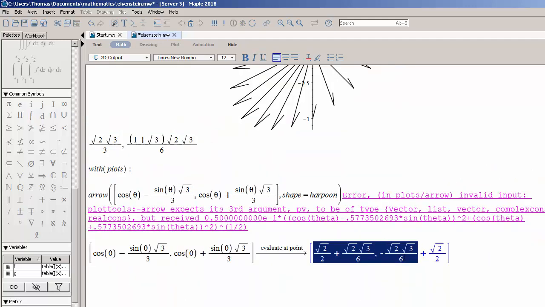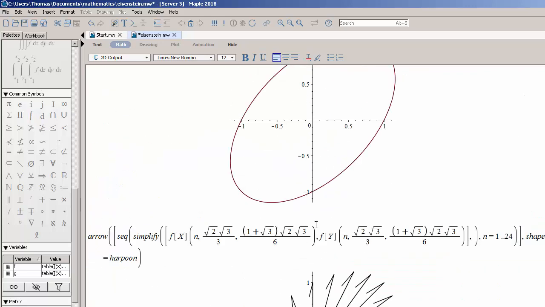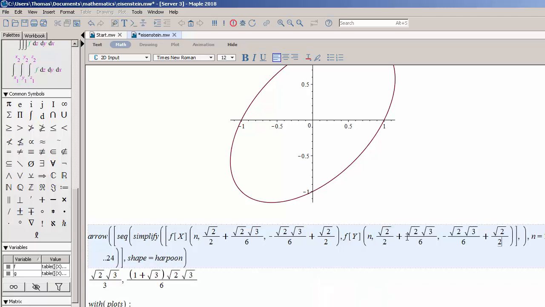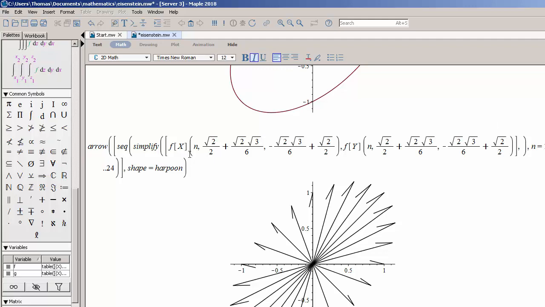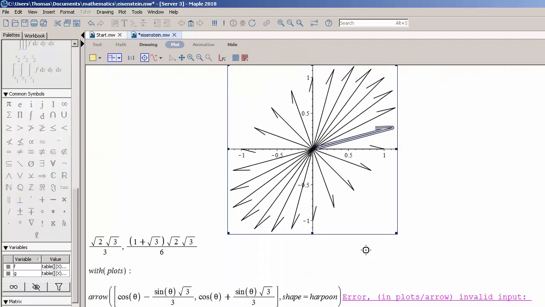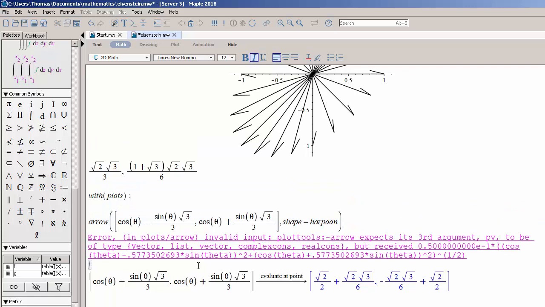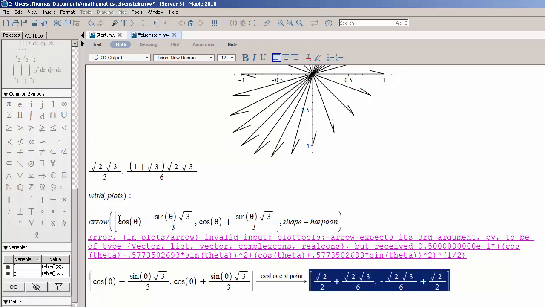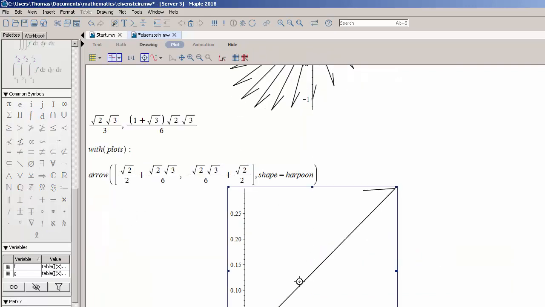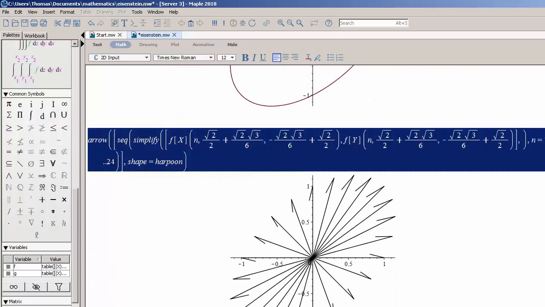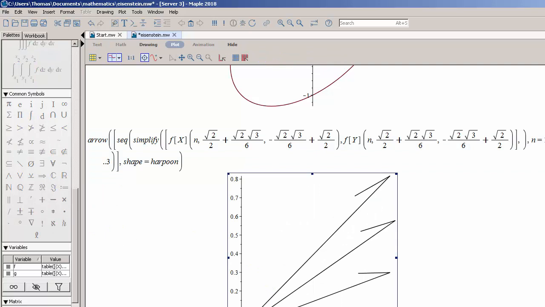Nope, I did that wrong. Alright, so the first vector should be right here, this one right here. There, first vector right there.